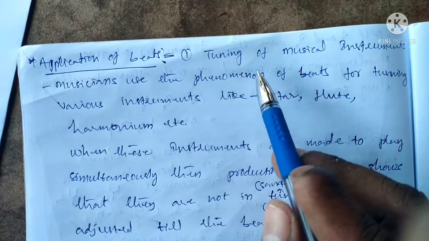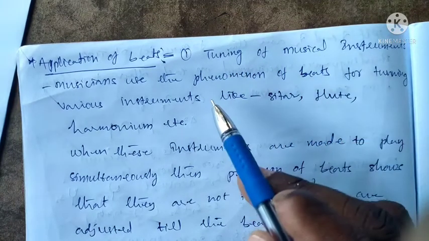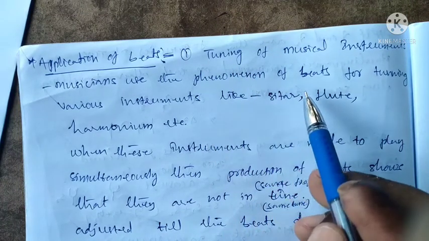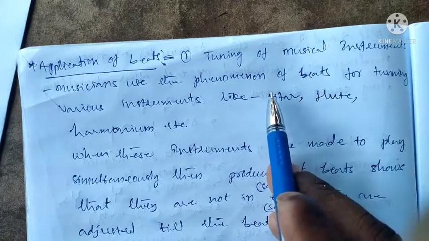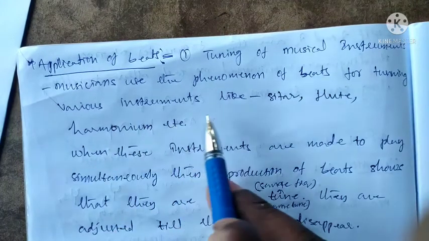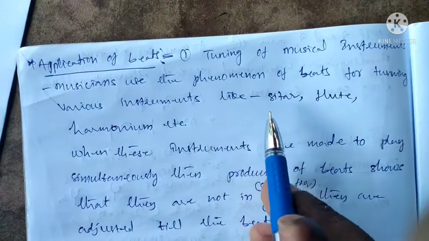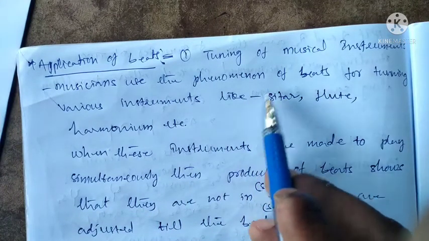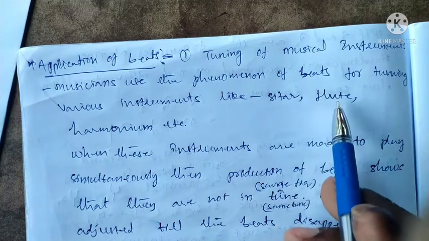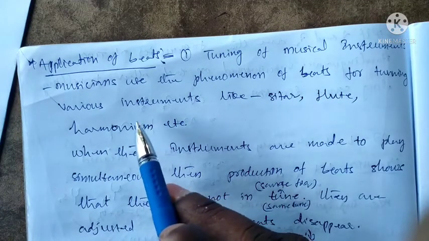The tuning of musical instruments gives different sounds, and this phenomenon is called beats. Instruments like sitar, flute, harmonium, etc. give different sounds. Sitar gives a different sound, flute a different sound, harmonium a different sound.